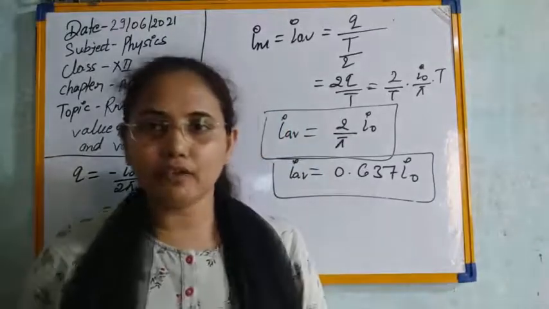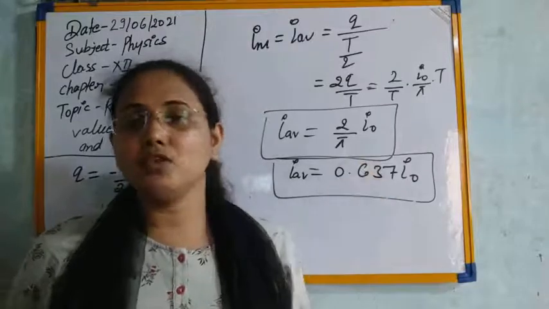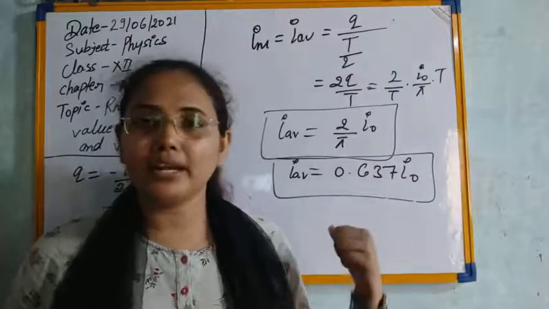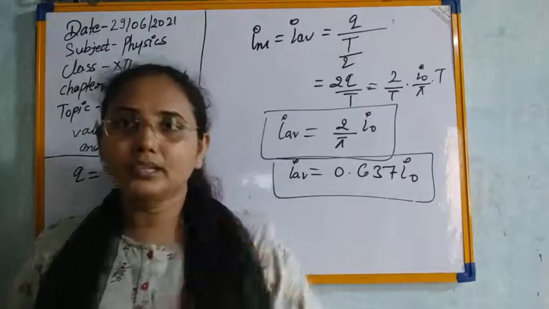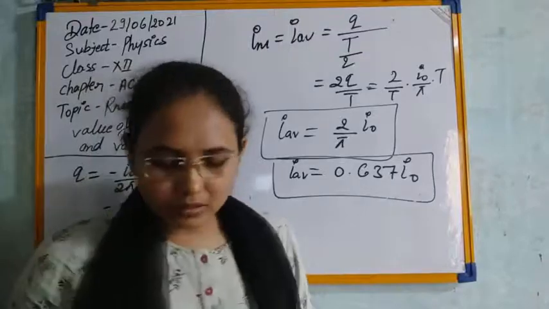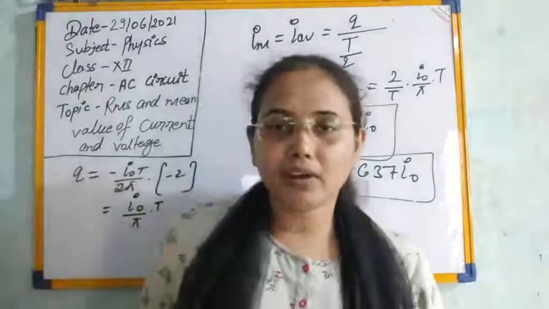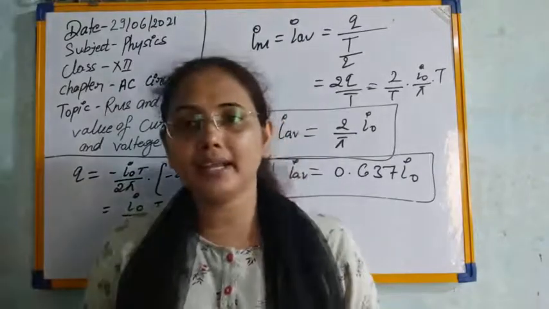Because whenever you take the full cycle, 0 to T, its value will be equal to 0, and that we have already done in the previous class. So I think the mean value and average value of the current is now clear. Next, we have to find out the average or mean value of the alternating EMF.